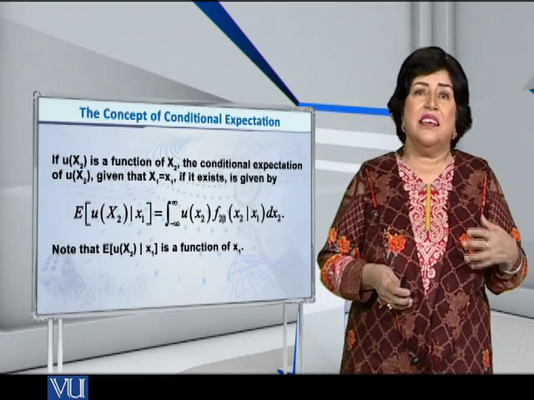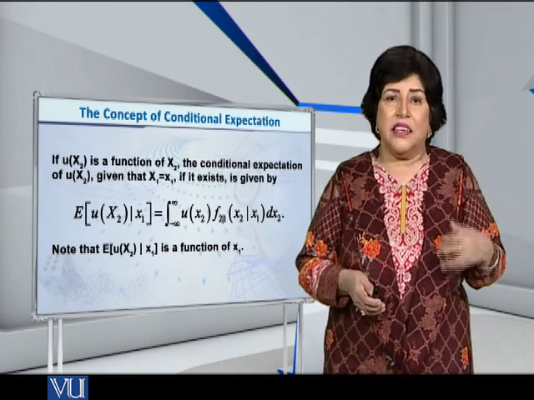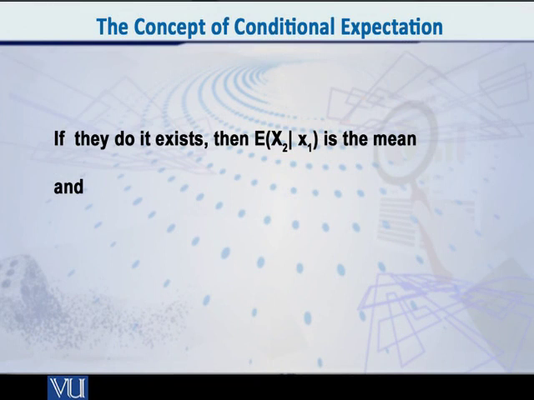अब इसके बाद let us talk about the conditional mean. अभी मैंने आपको जो कुछ कहा उसमें u(x2) can be any function of x2. फर्ज कर लें अगर हम कि u(x2) is equal to x2, यानी वो x2 ही है अगर खुद ही, तो फिर क्या होगा?